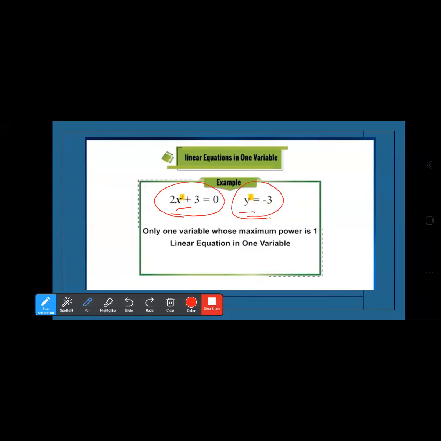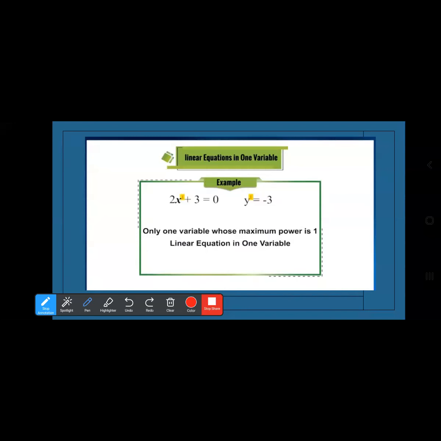Why am I saying equation? Because, students, in an expression, if you see the equal to sign, that particular expression becomes an equation. It has a left hand side and a right hand side. In both examples, only one variable is there.